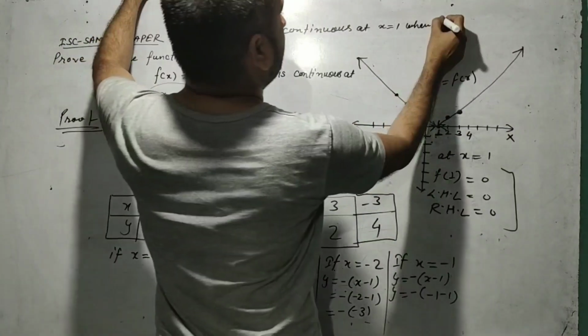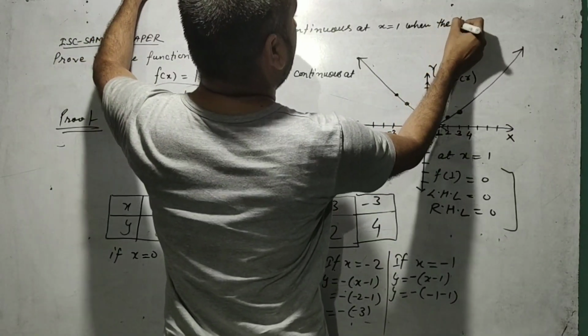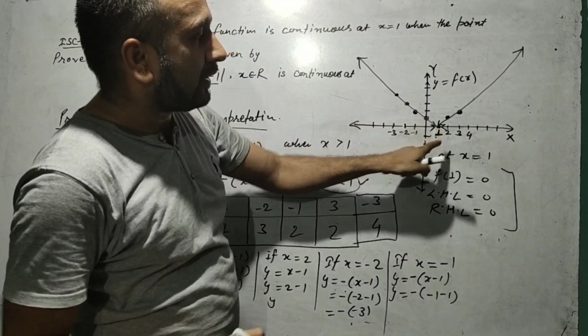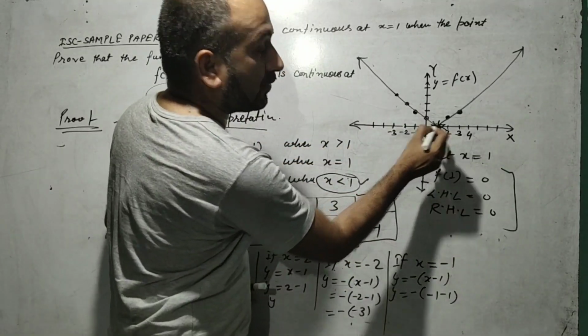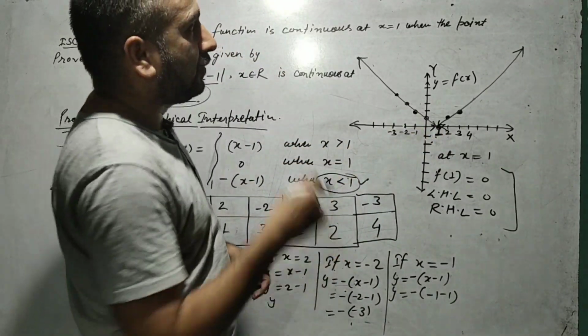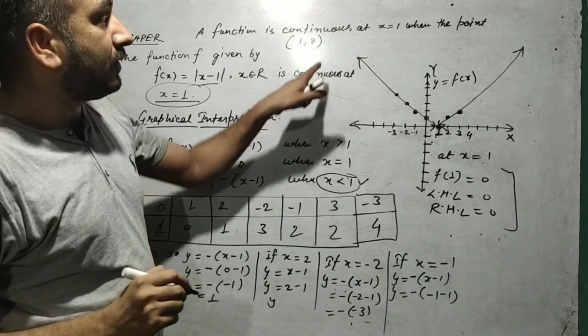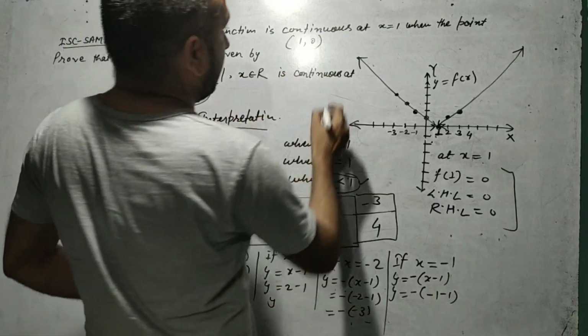A function is continuous at x equal 1 when the point, what are the coordinates of this point? I am asking about this point. The coordinate is 1, 0.